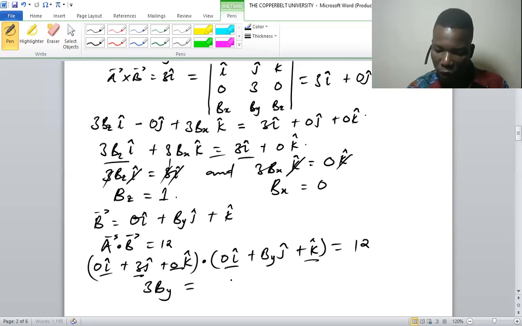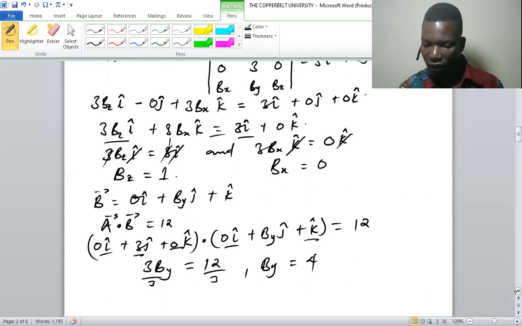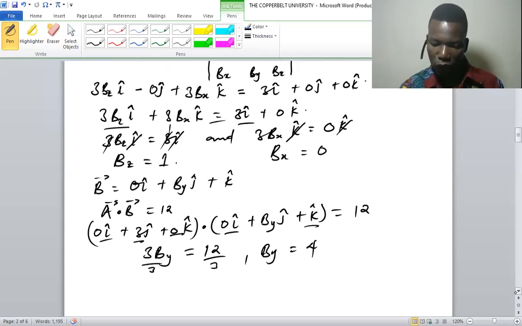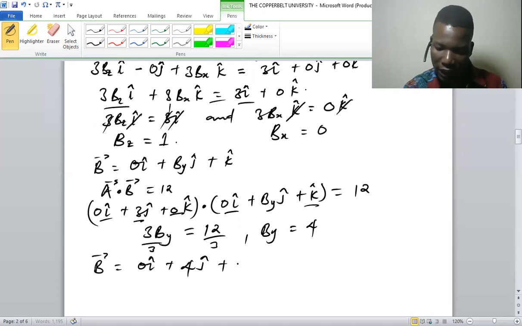So we have 3by being equal to 12. So we get by being equal to 4. We've finished finding the values of the components of vector b. So finally, we can replace all values: 0i plus 4j plus k. So vector b is actually 4j plus k.